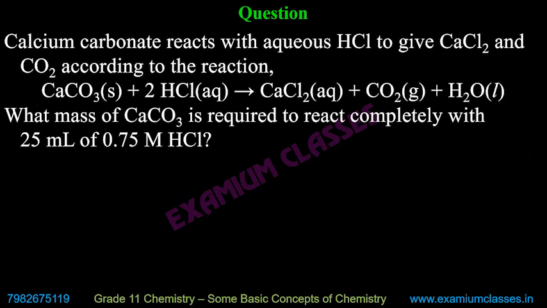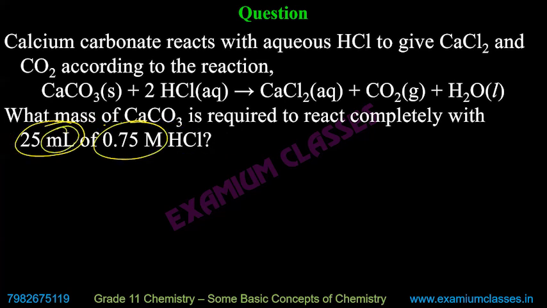Now the question: calcium carbonate reacts with aqueous HCl to give calcium chloride and carbon dioxide according to the reaction. What mass of calcium carbonate is required to react completely with 25 ml of 0.75 M HCl? Whenever you see this type of arrangement, a few ml of this many M HCl, capital M, right, molarity, their multiplication will give you the number of millimoles.